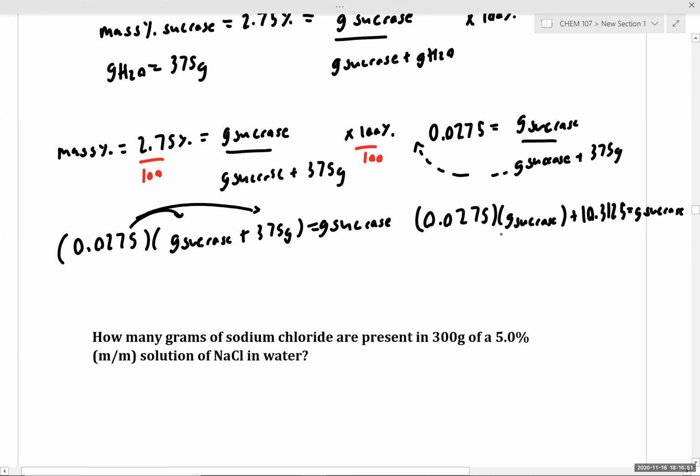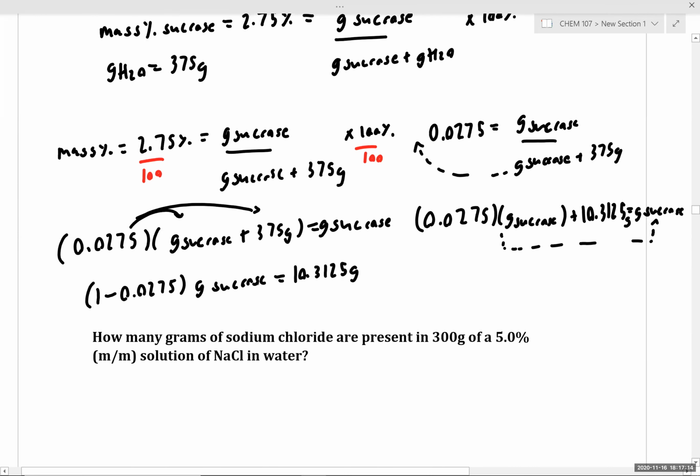So next we're going to subtract and move this sucrose term. In this case, we have 1 minus 0.0275 times the grams of sucrose is equal to 10.3125 grams.